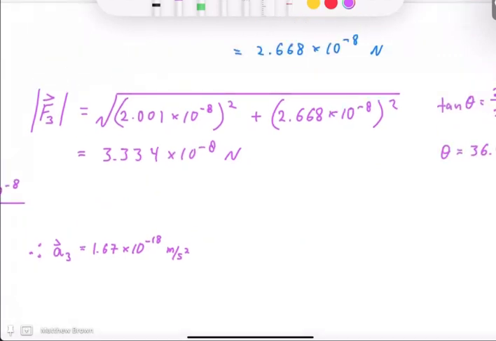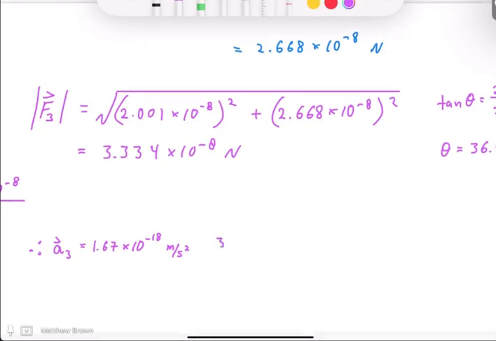And my direction would be 36.9 degrees from M2 toward, right.